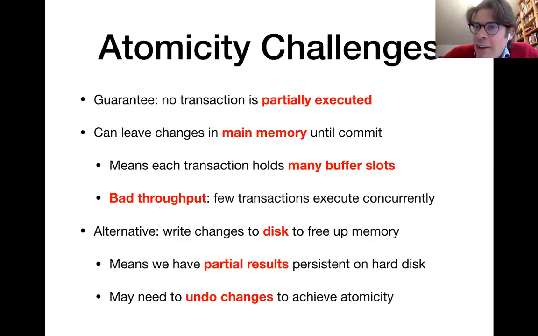But if the current transaction suddenly aborts, or if there is a crash so that the current transaction is implicitly aborted, then it means that now suddenly on hard disk, we have the changes by some half-finished, some aborted transaction, and that we don't want to have due to atomicity. So again, there are different naive solutions, but all of them come with a serious drawback. In the following, we're going to see how we can improve over that.